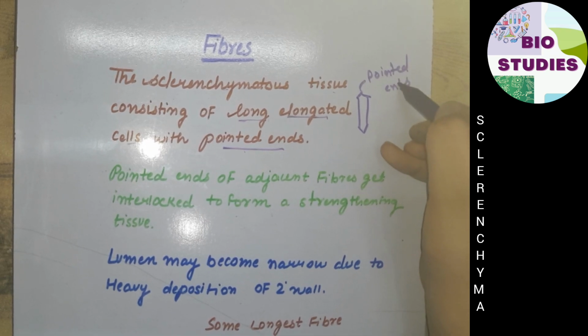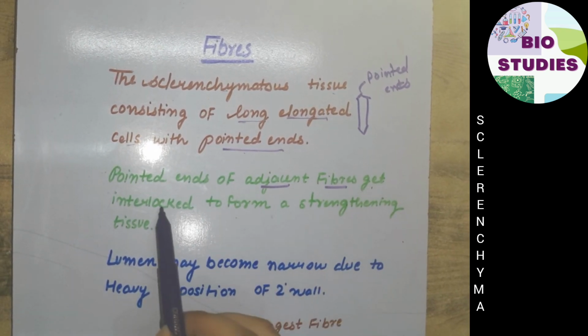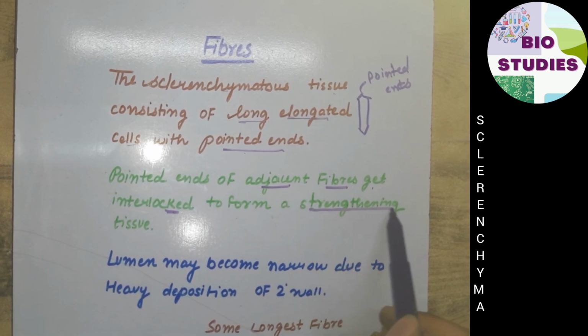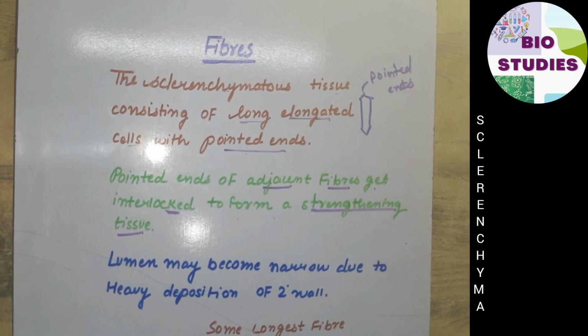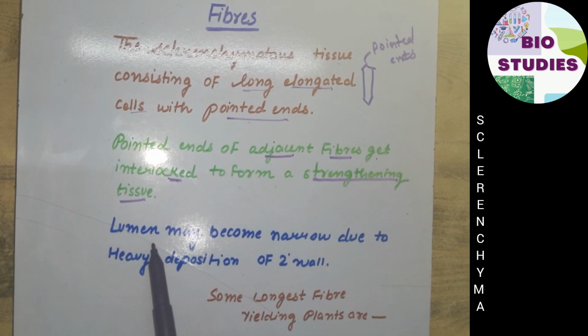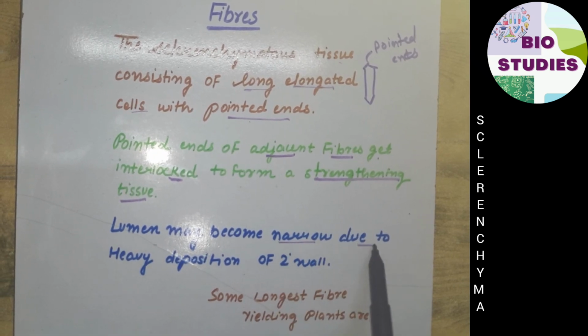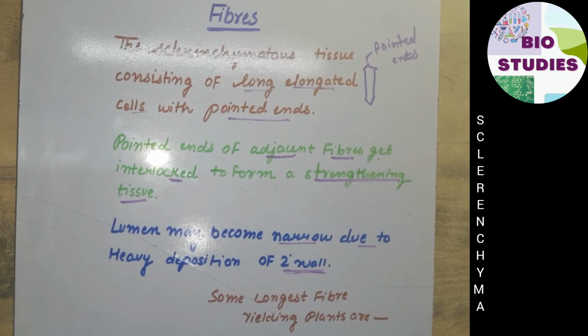And these pointed ends of adjacent fibers get interlocked to form a strengthening tissue, and that's why I earlier said that sclerenchyma provides mechanical support, provides strength. Next point is lumen may become narrow due to heavy deposition of the secondary wall in the fibers.